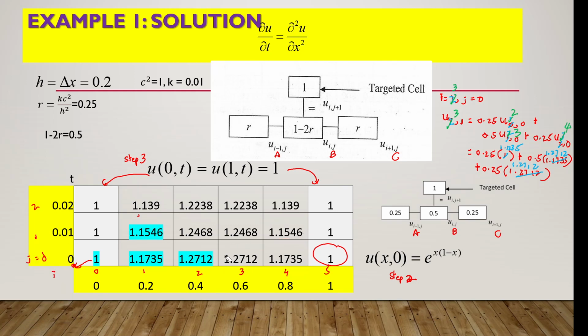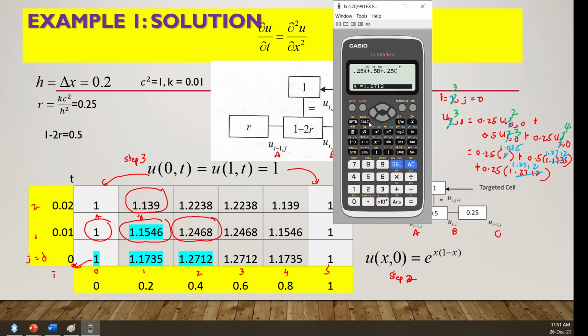If you complete level 1, now we want to calculate level 2. The same process: you just move the molecule up. You want to solve this value. Left is here, this is A, this value is B, this value is C. Then you calculate again.